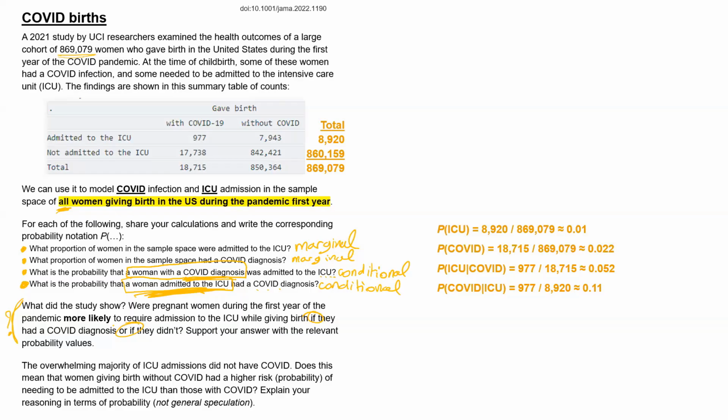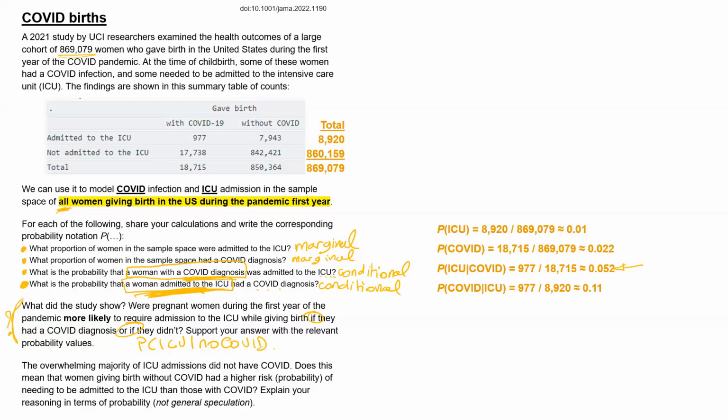So we've already calculated the probability of being admitted to the ICU if the woman had COVID, and we said that's 5.2%. So now we'll want to calculate the other conditional probability of being admitted to the ICU, but specifically if the woman does not have COVID.